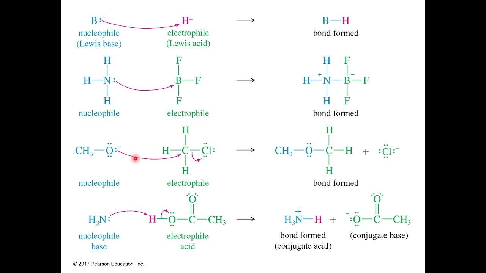So when those electrons get sucked up into that carbon and start forming a bond, what's going to happen? Well, it has to lose a bond, doesn't it? And we have something here that has a pretty good difference in electronegativity. So the chlorine is going to take those electrons that were in that bond, okay? And it's going to go off by itself.